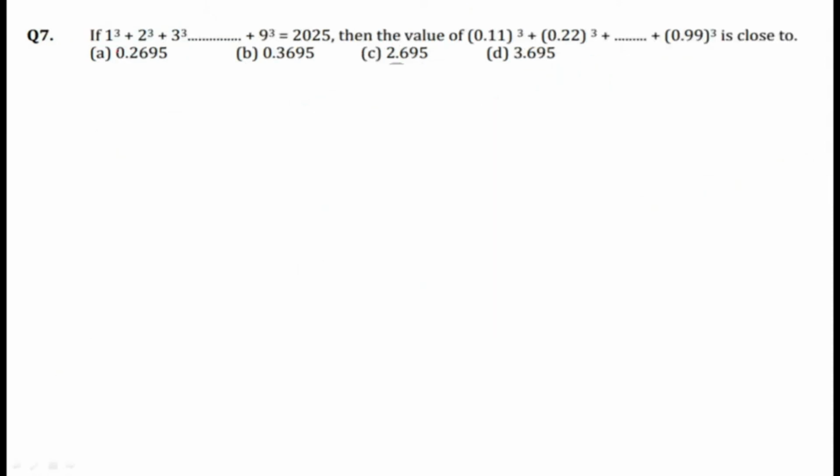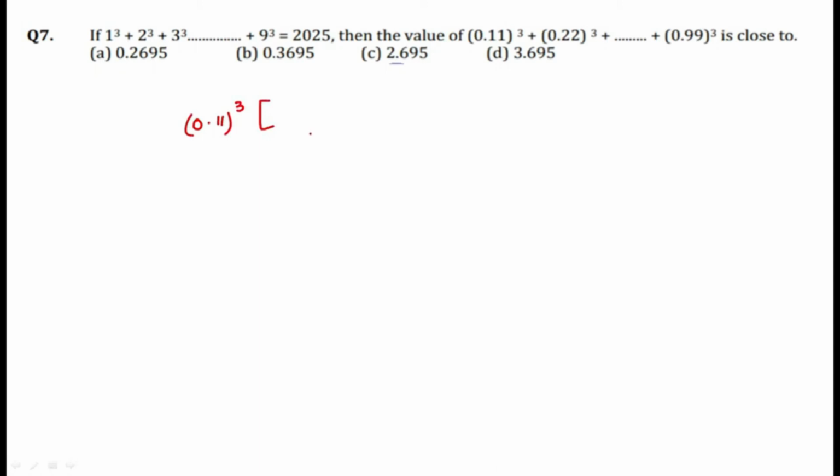Simplification part here. So 1 cube plus 2 cube plus 3 cube plus up to 9 cube value becomes 2025. Now find the value of 0.11 cube, 0.22 cube and up to 0.99 cube. So how can we simplify these values? Now guys, for the simplification, 0.11 cube is common.